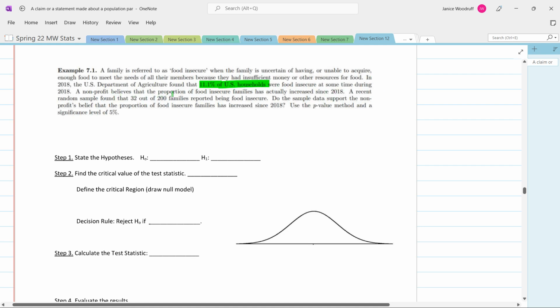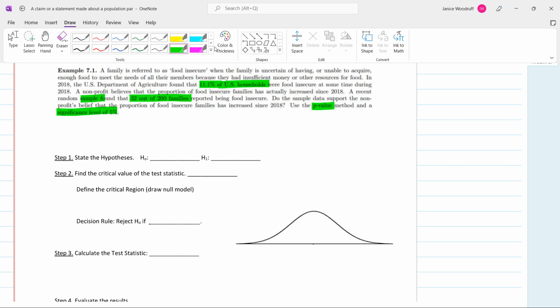A nonprofit believes that the proportion of food insecure families has actually increased since 2018. A recent sample found 32 out of 200 families reported being food insecure. Do the sample data support the nonprofit's belief that the proportion of food insecure families has increased since 2018? Use p-value and a significance of 5%. Okay, so there's all of our information.